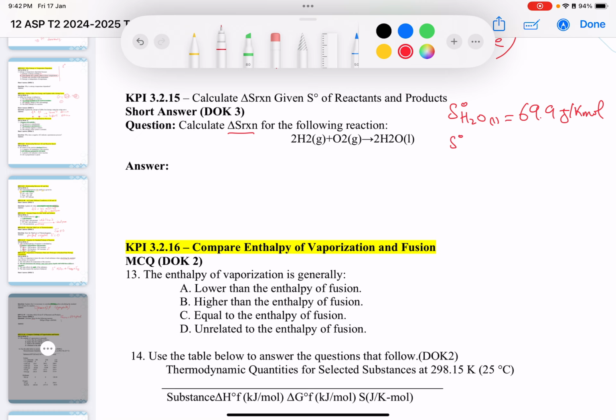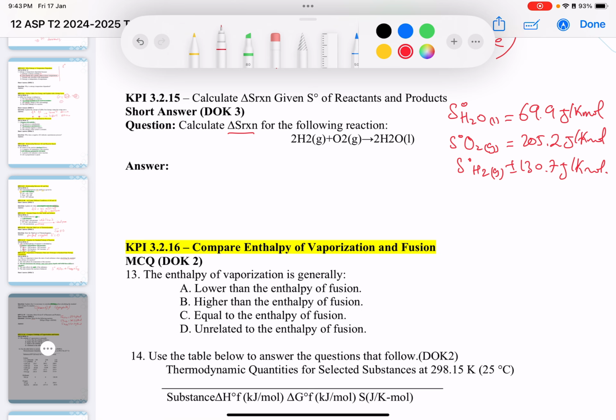The entropy of oxygen gas is 205.2 joule per Kelvin mole, and the entropy of H2 gas is 130.7 joule per Kelvin mole.